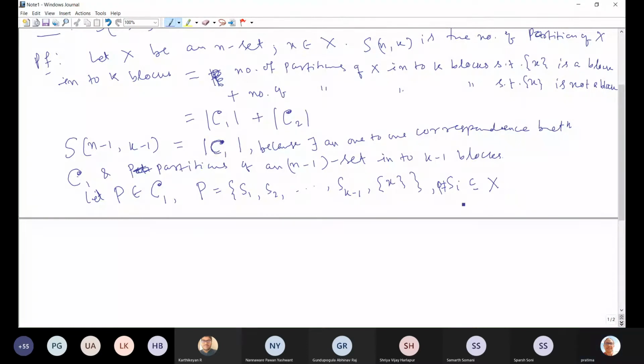Then from here we are saying the one-to-one correspondence.